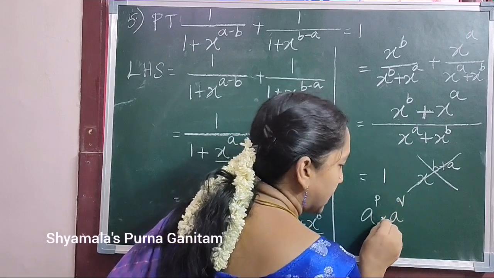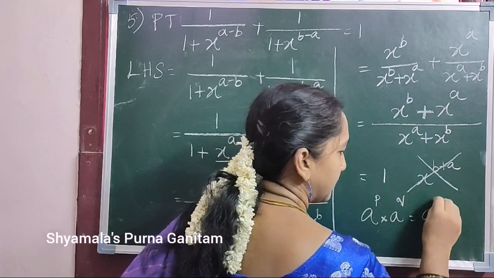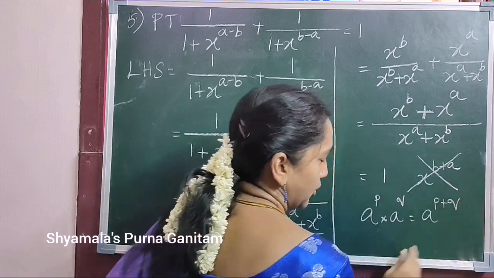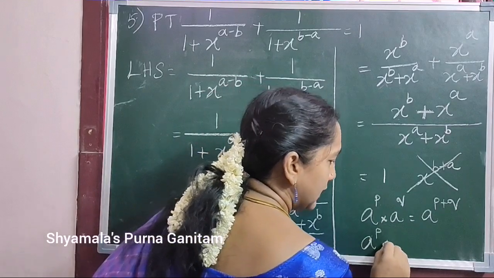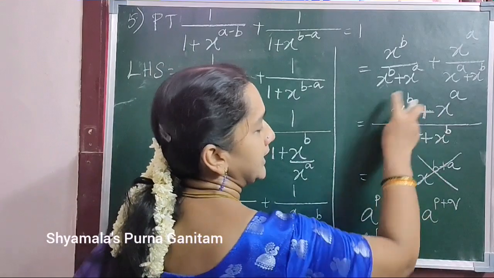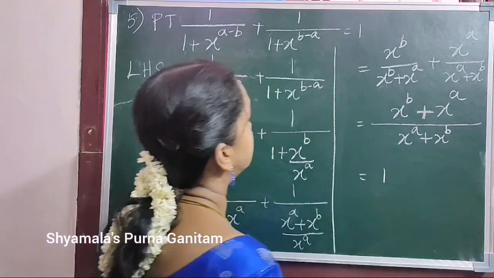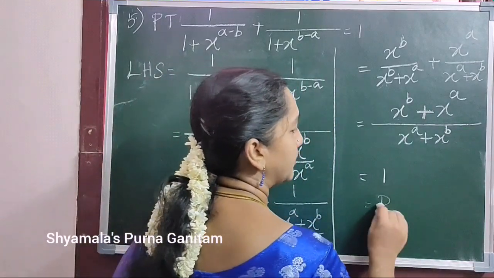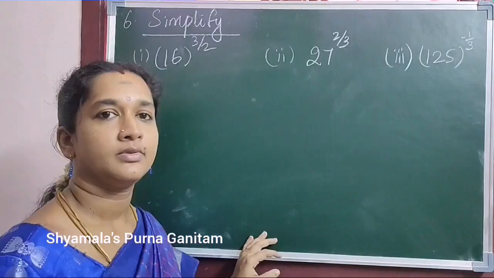When you have multiplication only, you can add the powers. So when you add the powers, you will get p plus q. So you don't have any law for a power p plus a power q. Okay, so here directly we can simplify and write it as 1. So these things you have to remember when we are doing sums. So this is our RHS.